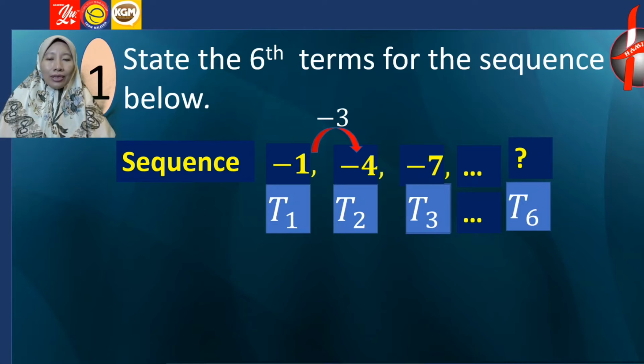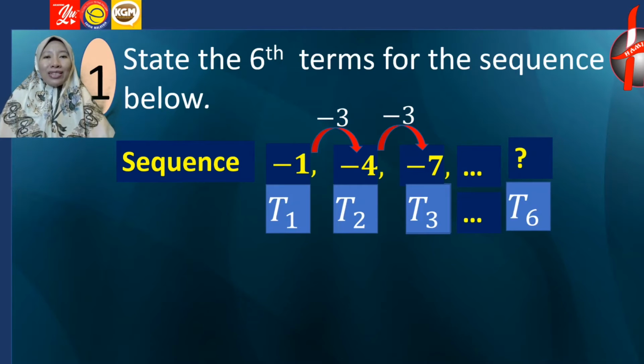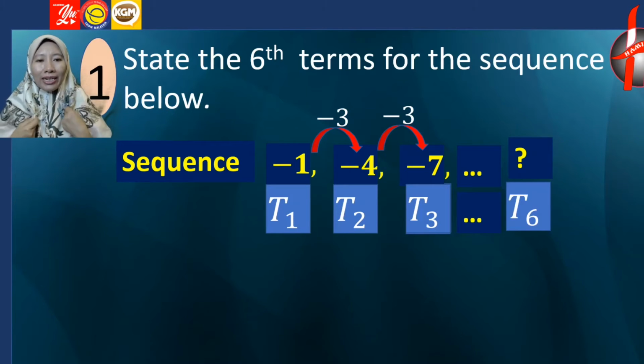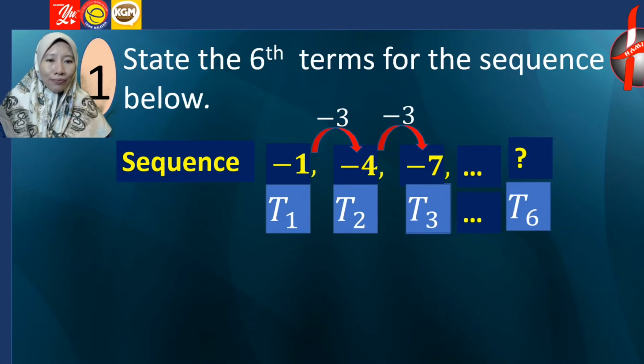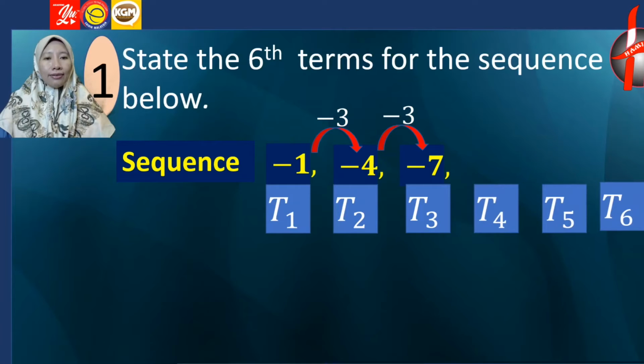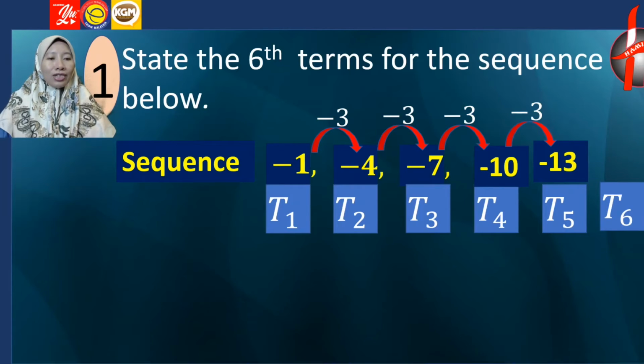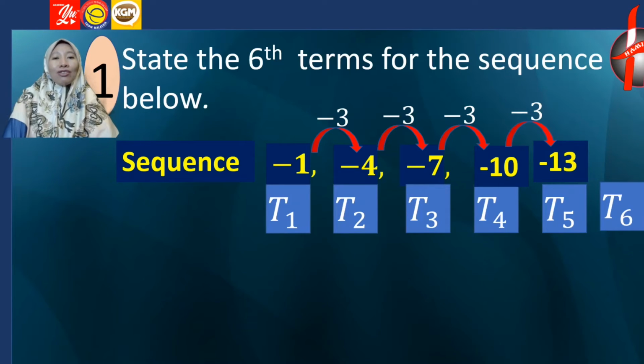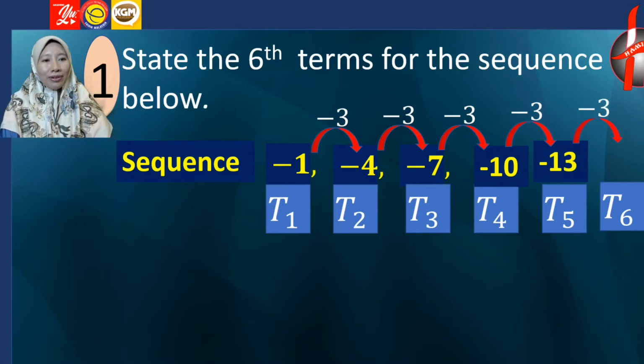Now the pattern of the sequence is -3 from the previous number. Okay, -3 from the previous number. So we can find what is terms number 4 and what is terms number 5 and what is terms number 6 by just subtract 3 from the previous number.